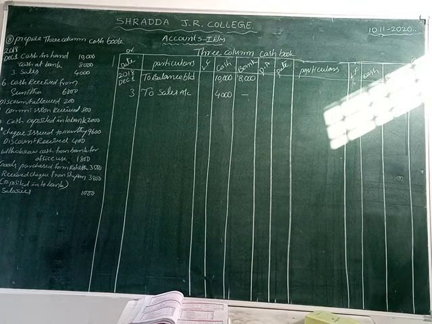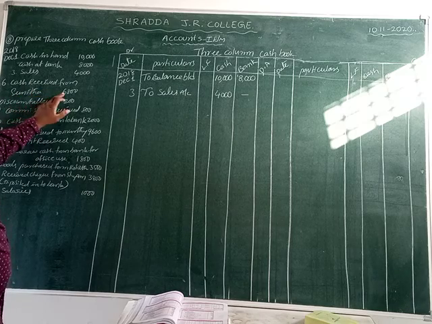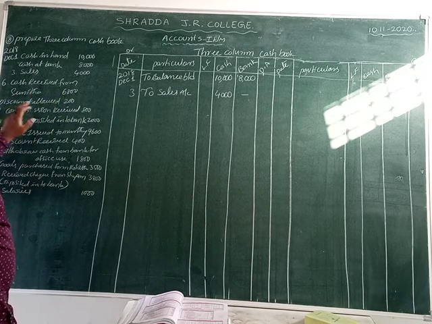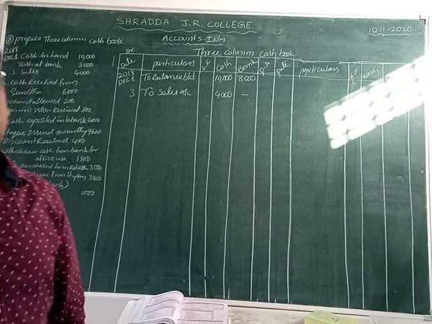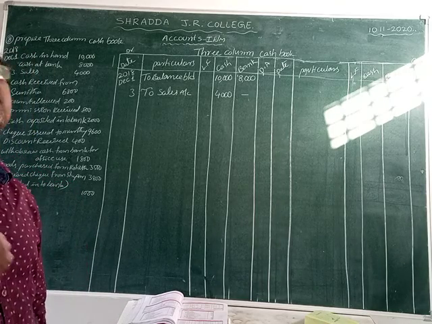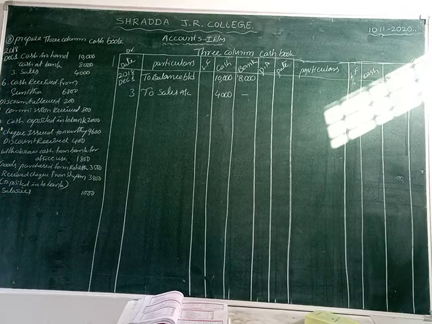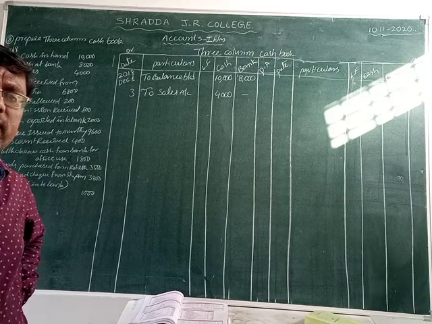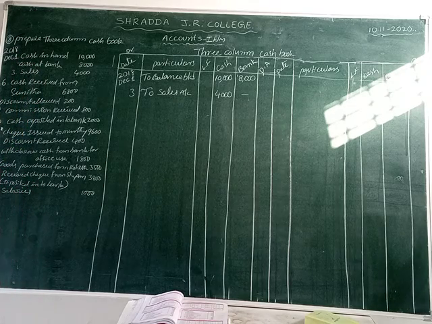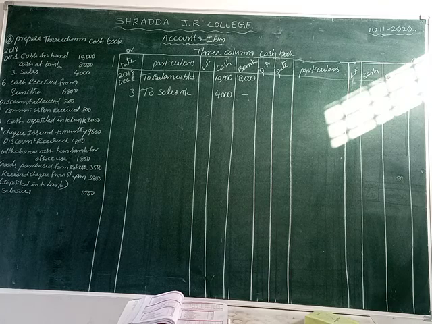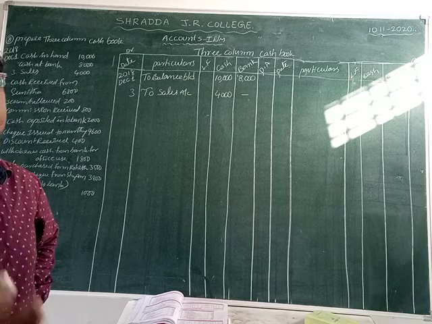Now another one. After the third date was the 6th date. Cash received from Sunita 6,800. Discount allowed 200. Cash received from Sunita. Who is the receiver here? Business is the receiver. Who is the giver? Sunita is the giver. This time, what comes into the business, friends? Cash comes into the business. That's why we record it on which side? Debit side. Why? Because cash is received.